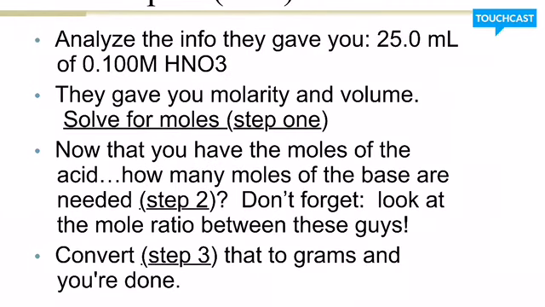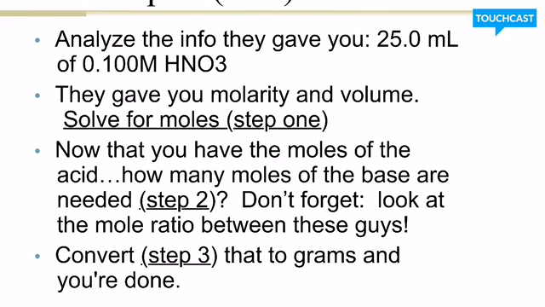Analyze all the information that they gave you. They said that 25.0 milliliters of 0.100 molar of the acid was used. They gave you the molarity and the volume. Guess what you can get? How many moles of acid was used. Now that you have the moles of acid, you can look at the balanced reaction to figure out what the mole-to-mole ratio is between the acid and the base.